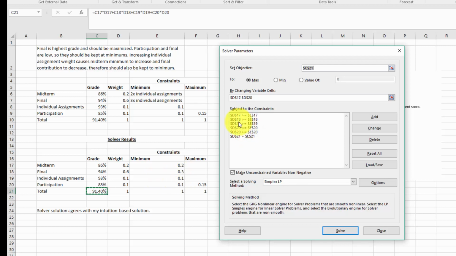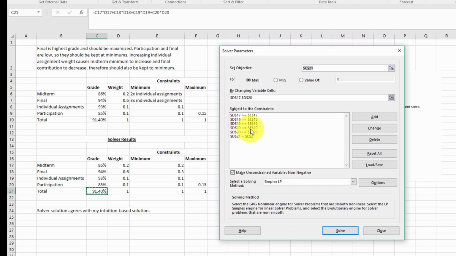So let's see. D18, which is the final, has got to be greater than or equal to E18, that 0.3. D19, individual assessment, the only constraint on it was a minimum of 10%, and that's what he's got there, greater than E19. Participation, though, has a max of 15% and a min of 10%, so there should be 2 constraints there.